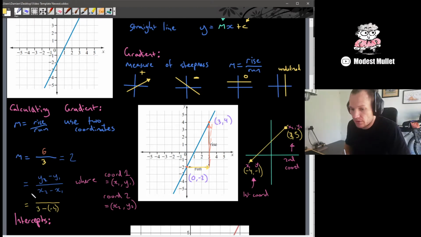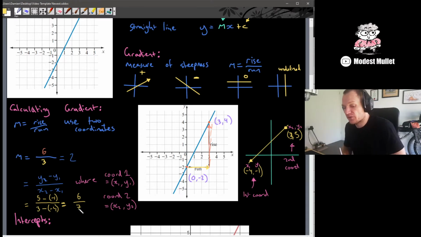And then I look at my y values. That is a 5. Take away -1. 5 take away -1 gives me 6. 3 take away -4 is 7. So I end up with a gradient of 6 on 7. I can't simplify that fraction anymore, so I just leave my gradient as a fraction.